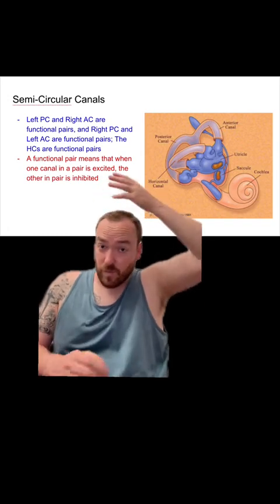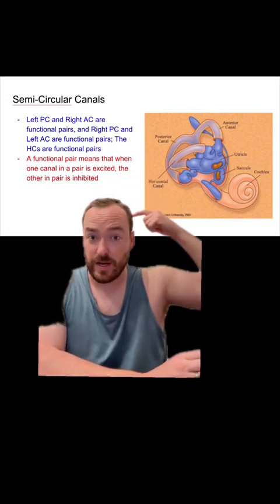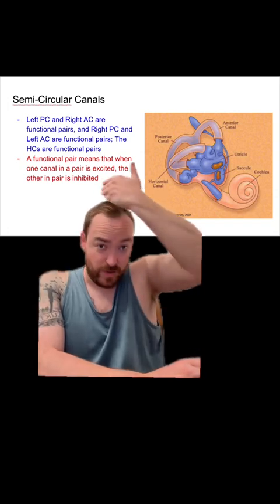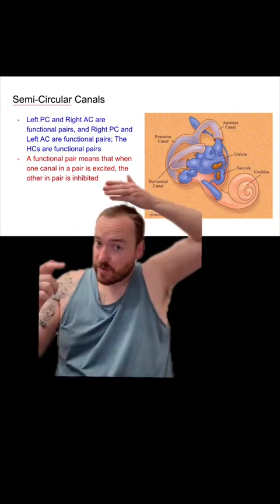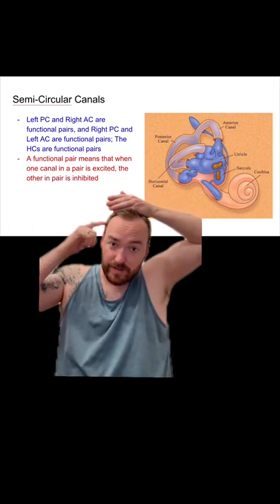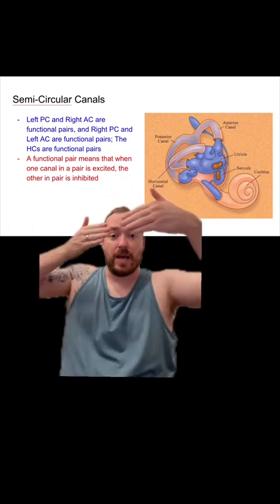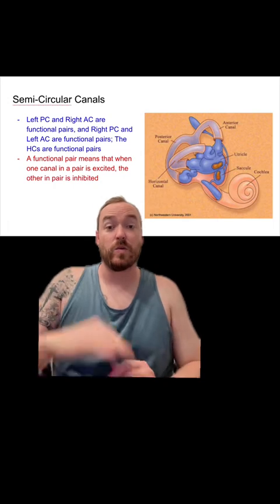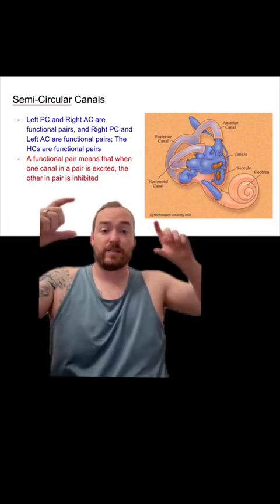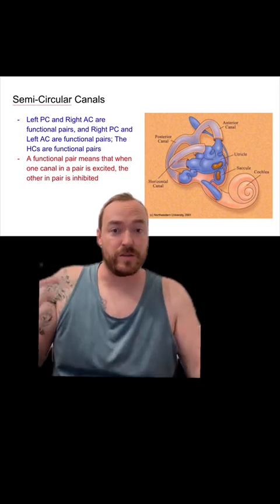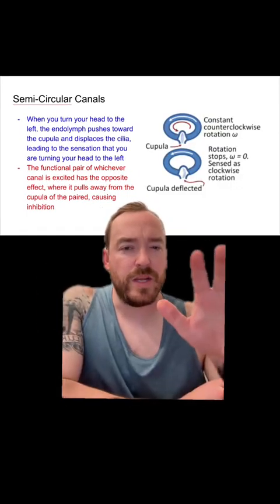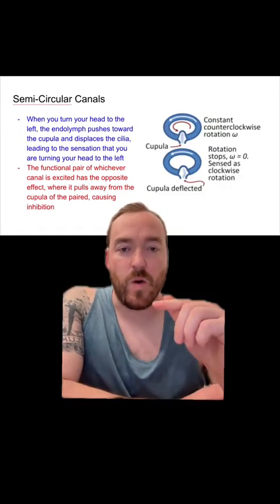The right anterior going this way, and left posterior, and then the other way, the left anterior and right posterior, they're aligned in the same planes together, and so when one of them is excited, its functional pair is inhibited, and then the horizontal canals are functional pairs in themselves. I'll explain a little more in the next video why that's relevant.